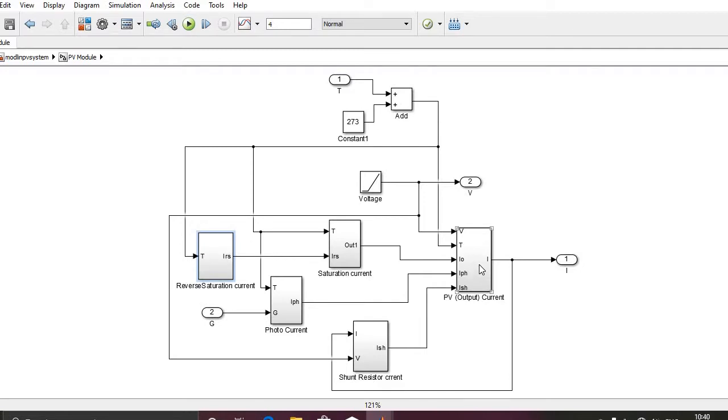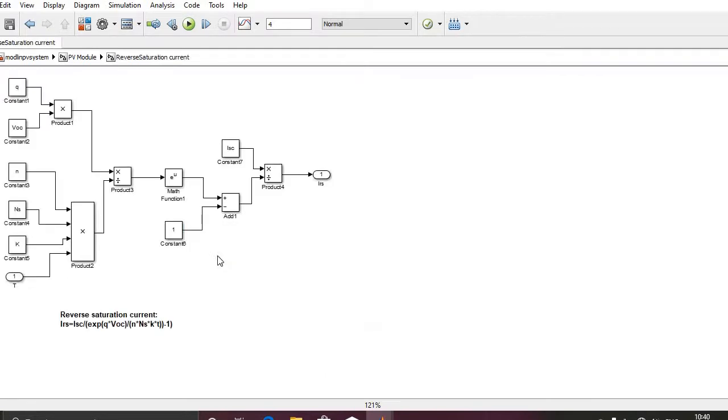First of all, let's see how the reverse saturation current block will be made. The reverse saturation current equation is IRS equal to ISC divided by (exponential of q VOC divided by N into NS into K into T, whole minus 1). This is the basic equation, and now we have to implement it in this Simulink model.